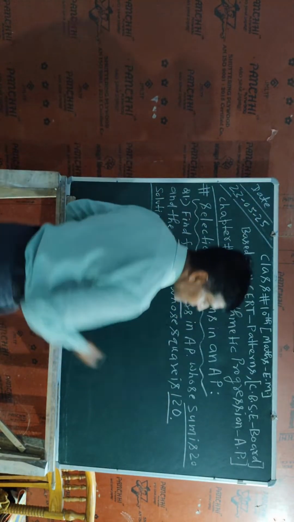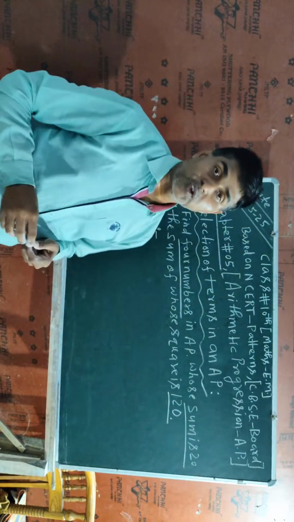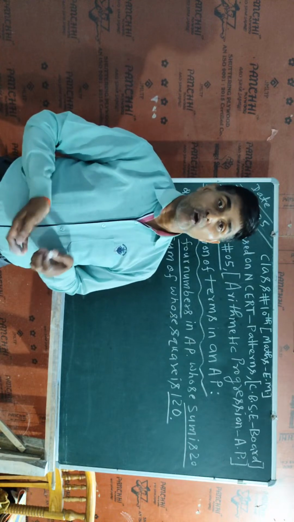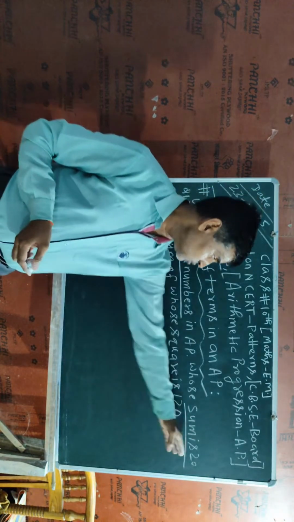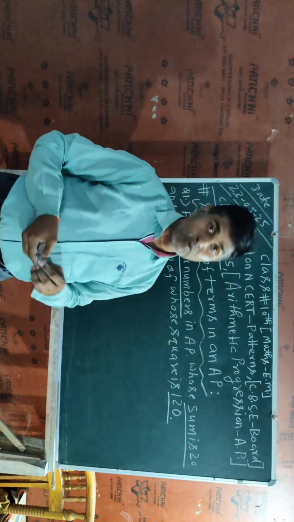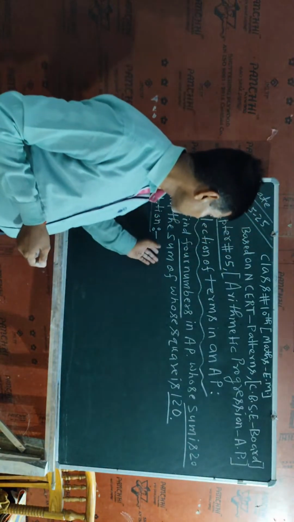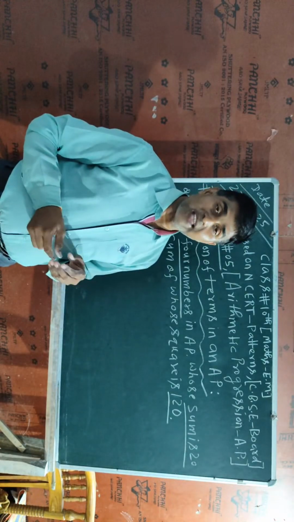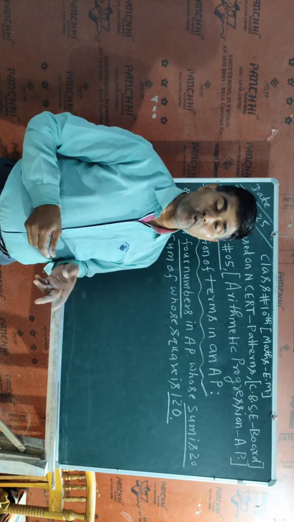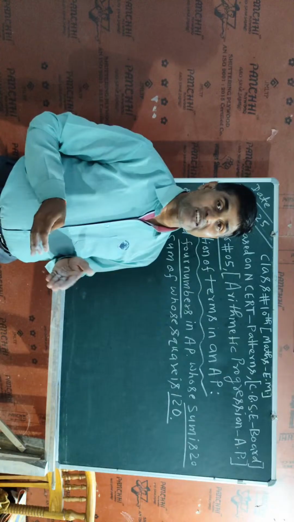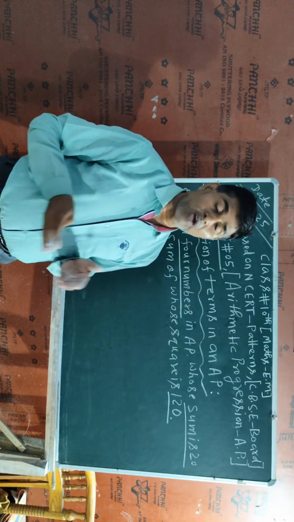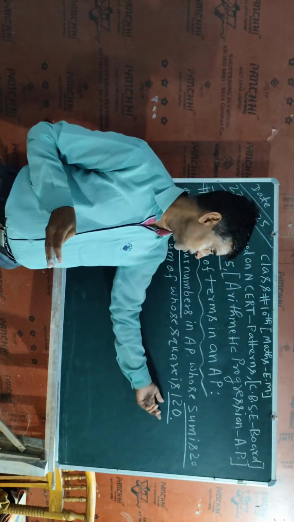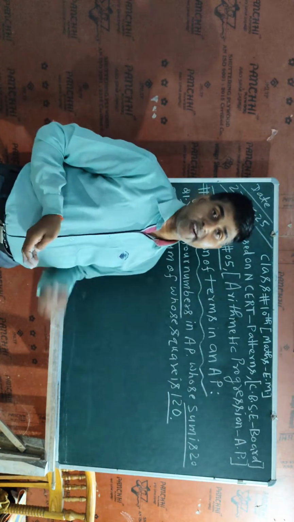So first of all I have to assume four terms which are available in arithmetic progression, and then we will take the sum of all four terms, and that will be equal to 20. Now further information is given: the sum of whose squares, which means I take the sum of the squares of all four terms, is equal to 120.